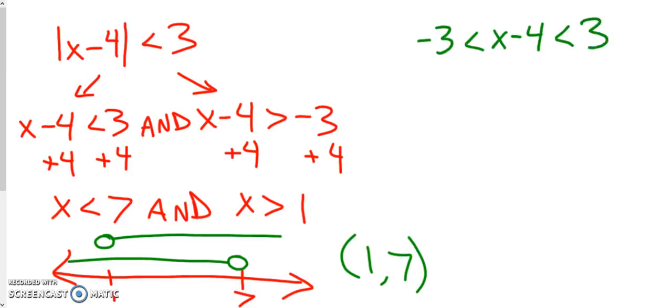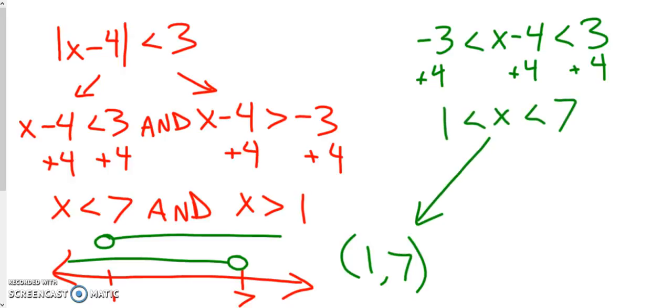Then you can solve it the way we did that other one. You add 4 to everything. And you get 1 is less than x is less than 7. And then most of you could probably go straight from there to there. I don't care which way you do that as long as you do it accurately.